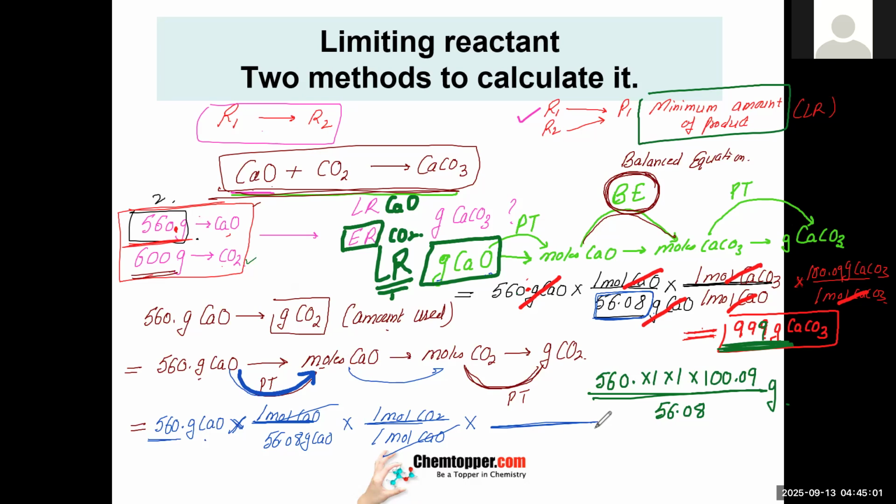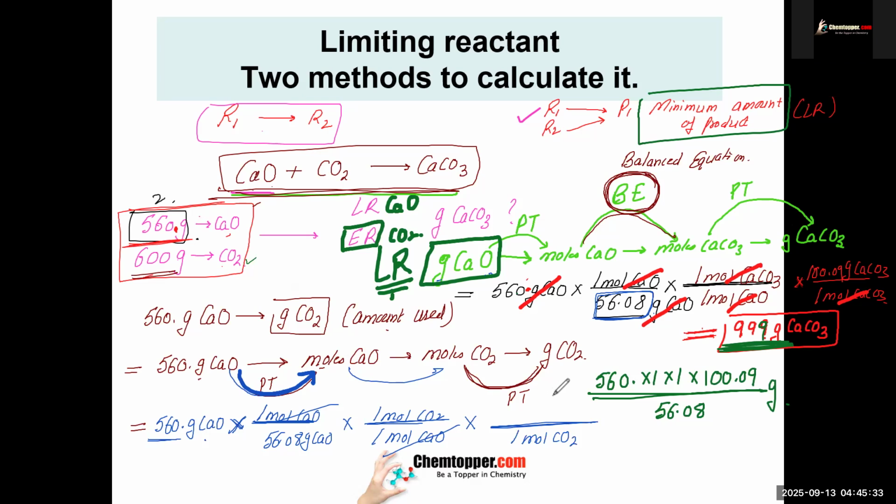So you use the CO2 moles to grams conversion. What should I put in the numerator and denominator? You put 1 mole of CO2 in the denominator, and the numerator is the grams of CO2.